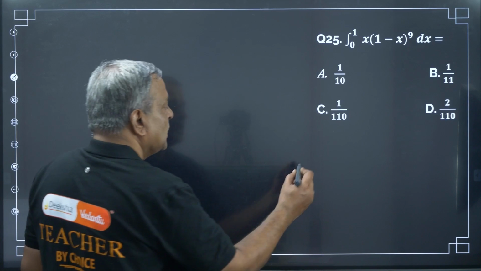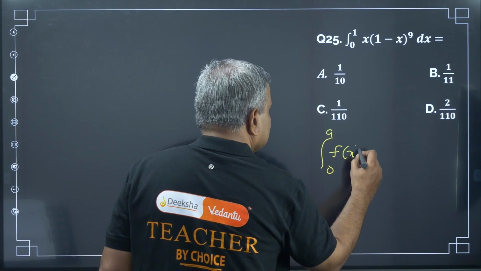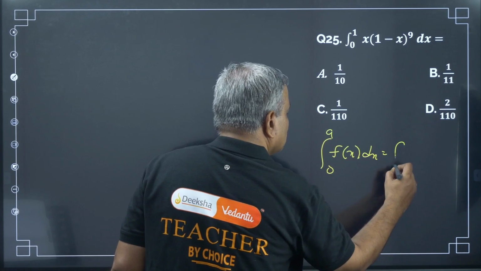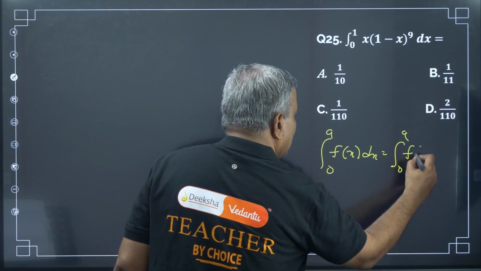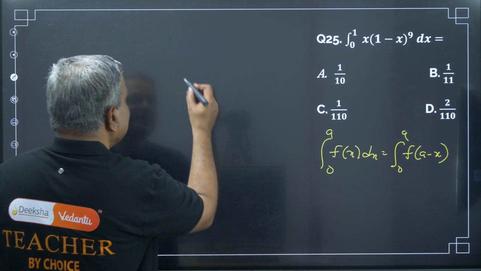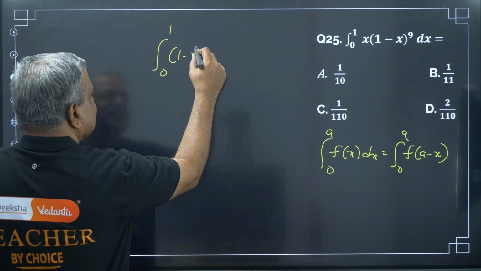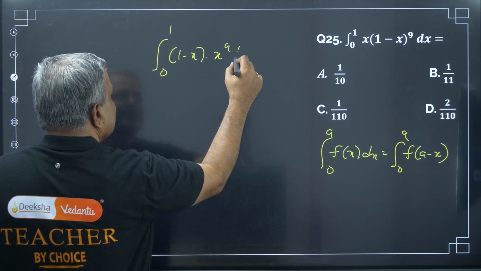This one, you have to apply the concept integral 0 to a f of x dx is equal to integral 0 to a f of a minus x dx. Apply that: 0 to 1, this will be (1 minus x) into x to the power 9 dx.